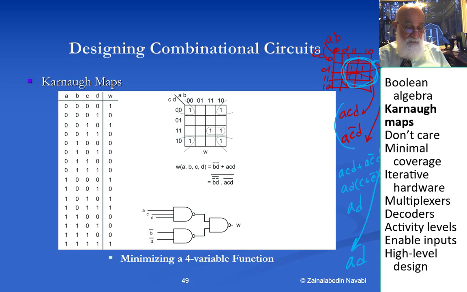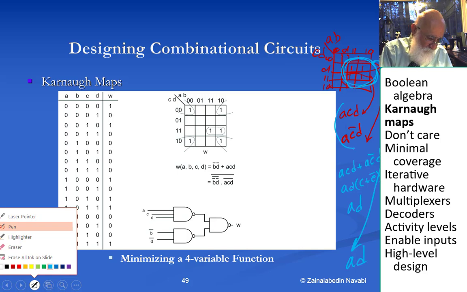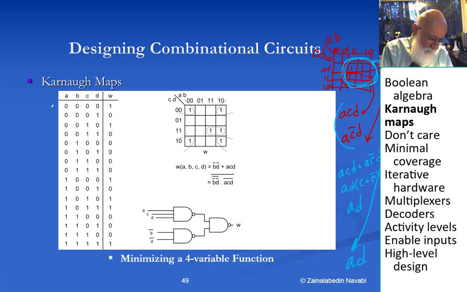Let's look at the example I have here. Let's say I have a truth table. This is position 0, 1, 2, 3, 4, 5, 6, 7, 8, 9, 10, 11, 12, 13, 14, and 15. Karnaugh map is numbered as such.